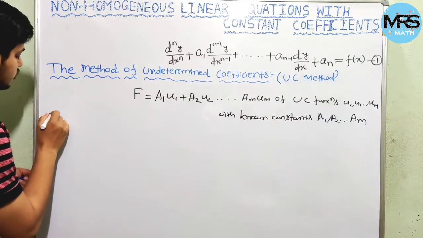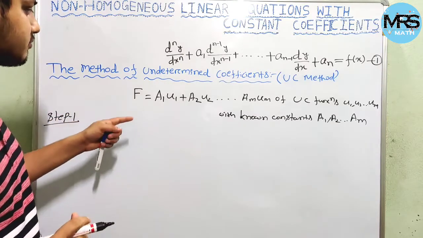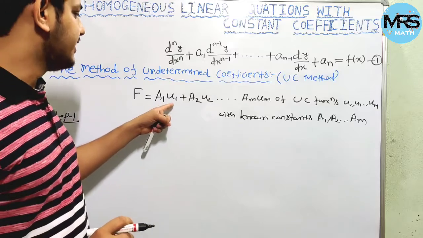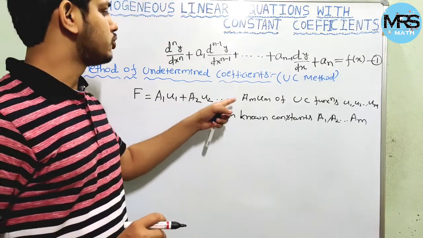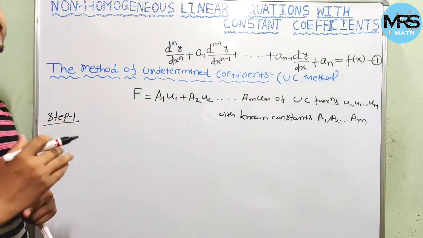In the first step, for each of u1 u2 up to um, we have to find the UC sets.